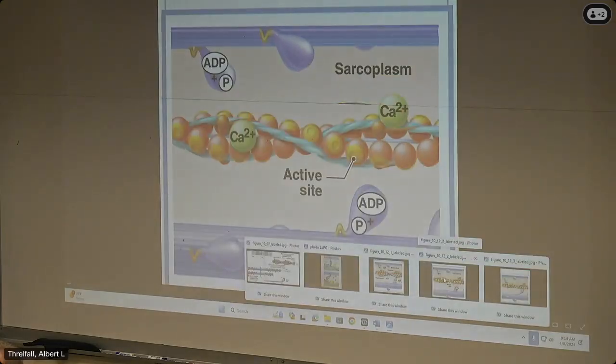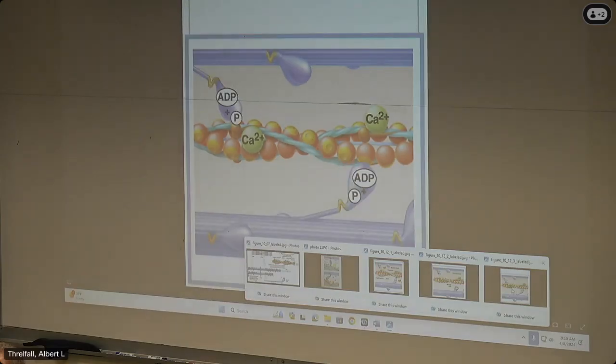Then we looked at picture number 2. Calcium has attached to troponin. That pulls tropomyosin off of the binding site. And then in picture number 3, the heads have bound the binding site, forming cross bridges.